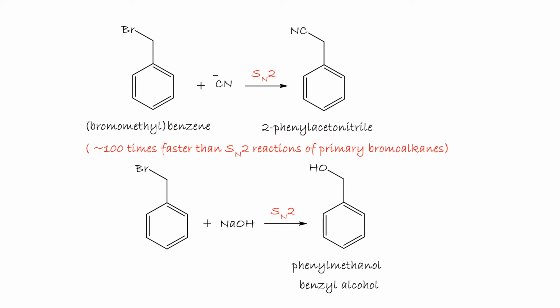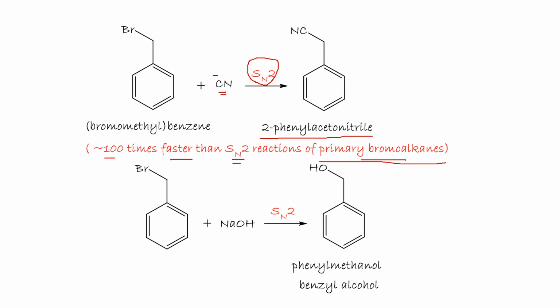So if we have bromomethylbenzene with cyanide ion as a nucleophile, the reaction goes SN2 pretty easily to form 2-phenylacetonitrile. It's 100 times faster than SN2 of primary bromoalkanes.